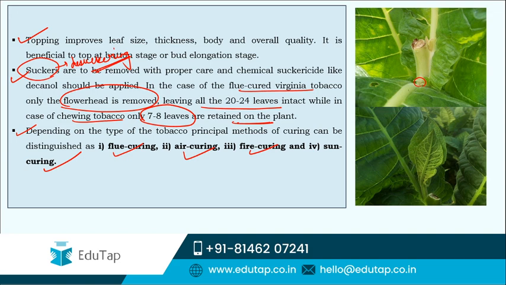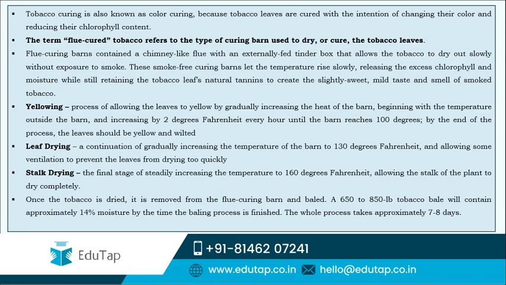So I have given a few important points related to flue curing, which is generally done in Virginia tobacco. And this is the term flue cured tobacco. The curing is done in a type of barn wherein smoke is released and slowly it is cured.